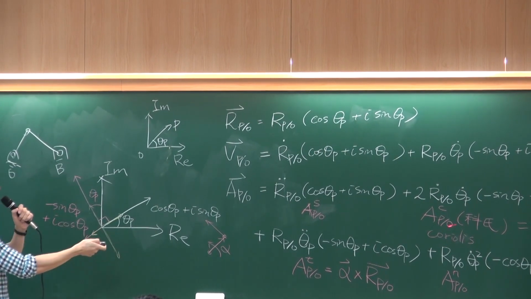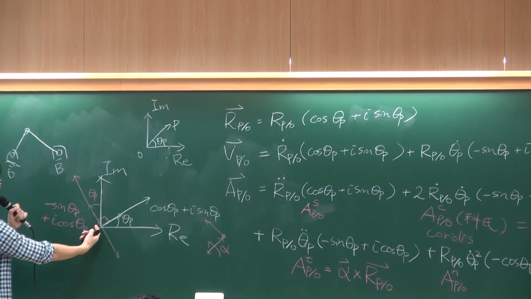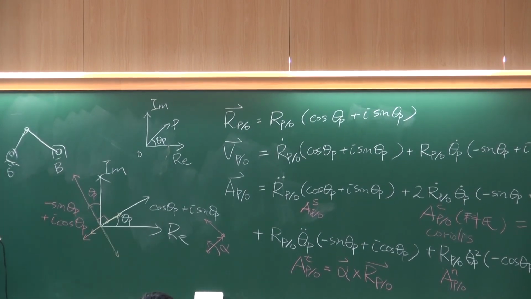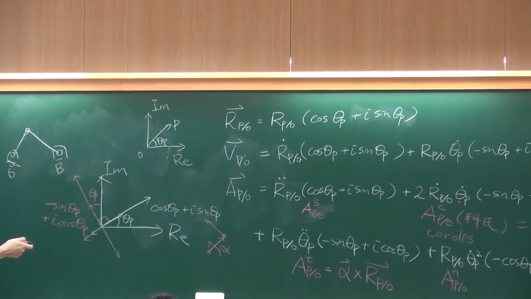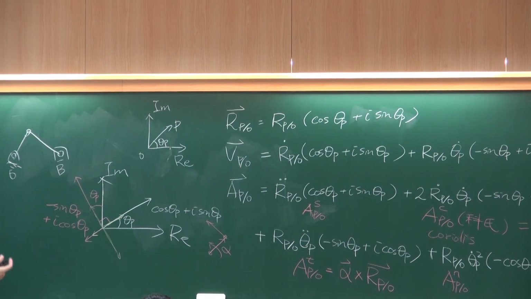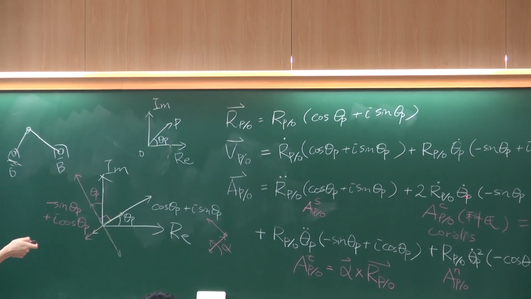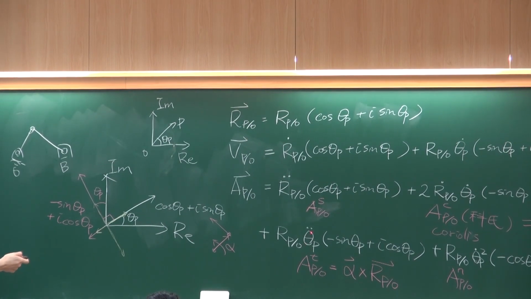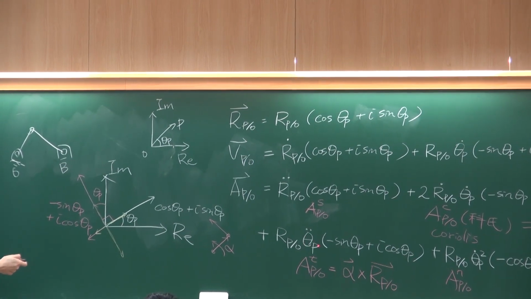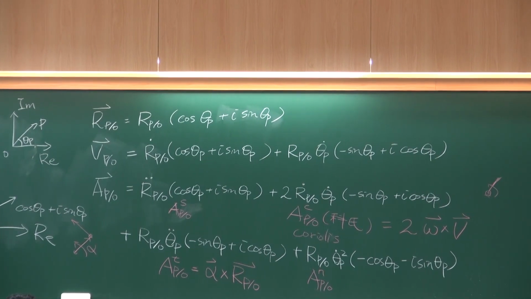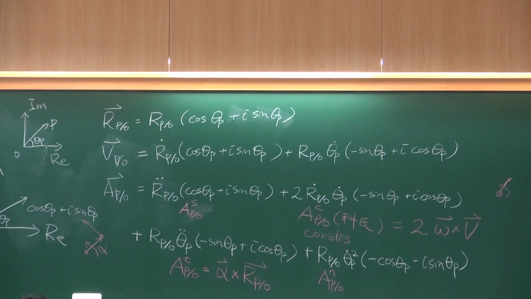So we know the Coriolis component is either in this direction or this direction. This one is the same as the tangent, but might be in the opposite direction, depending on the sign of R dot and theta p dot. And the sign of theta p double dot will also decide whether it is this way or this way.